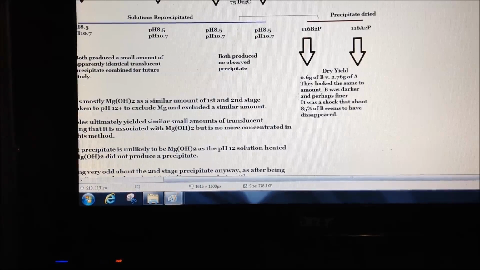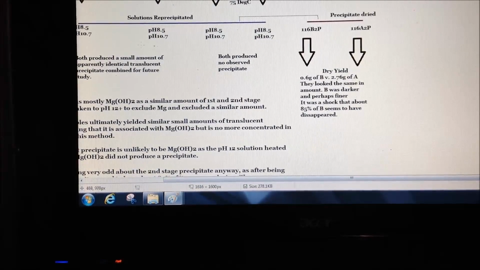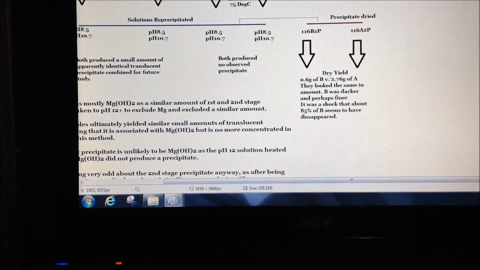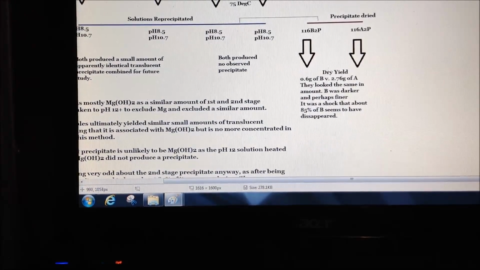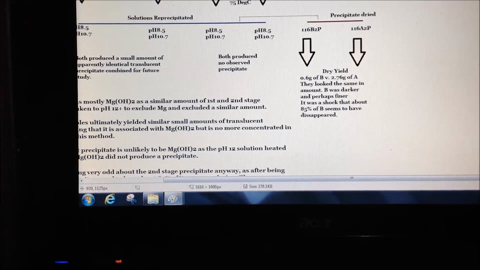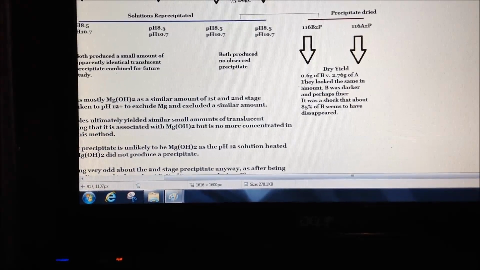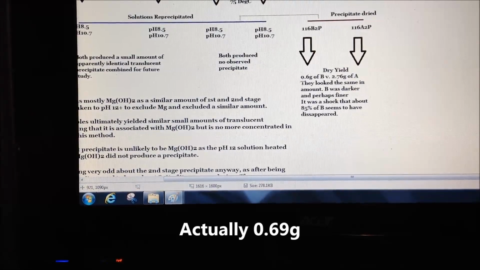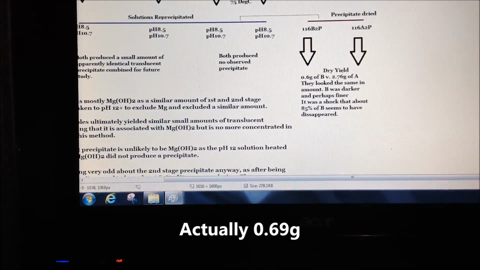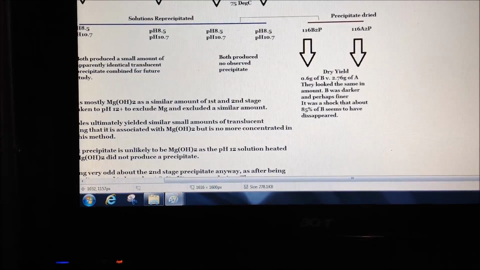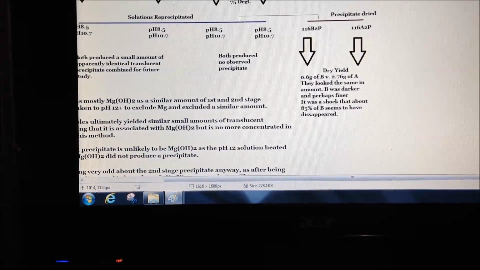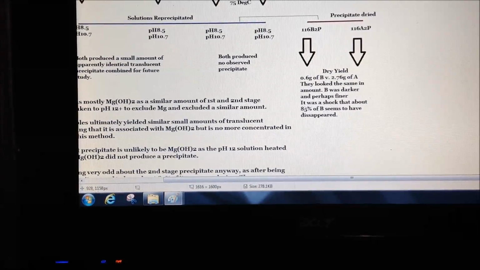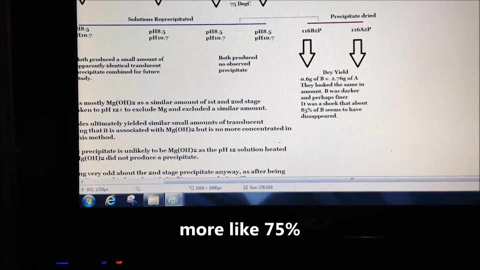It's supposedly M state originally, that is, but it's supposedly magnesium hydroxide because it's excluded, yet it produced only 0.6 grams. It looked like it was the same amount, but on drying was only 0.6 grams, whereas the other sample was 2.76 grams. A big difference. So it looked like 85% of its mass was lost.